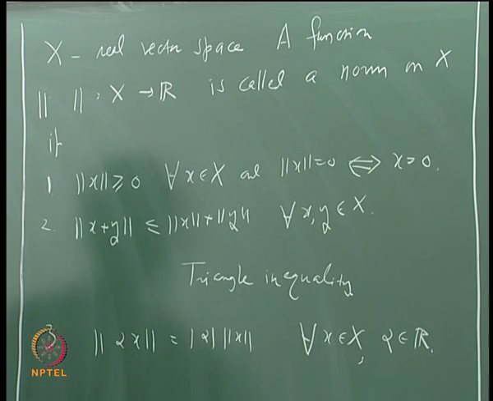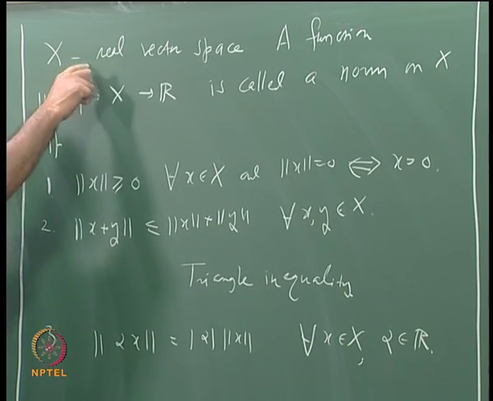So a normed linear space is nothing but a vector space on which a norm is defined.